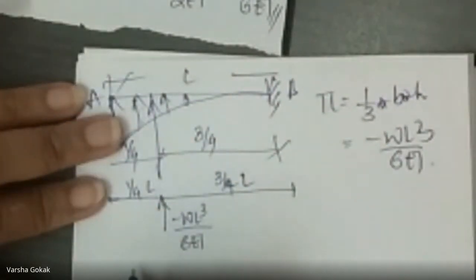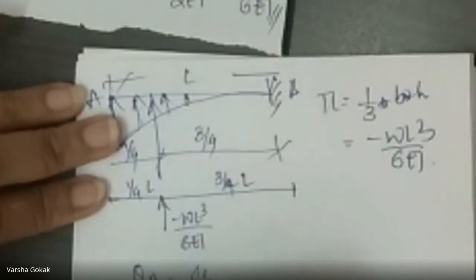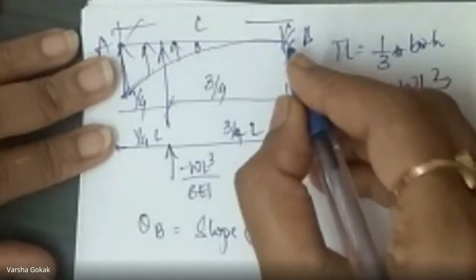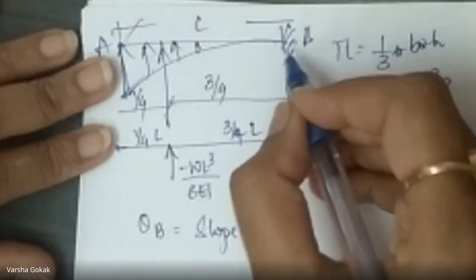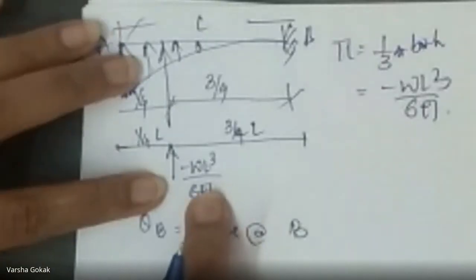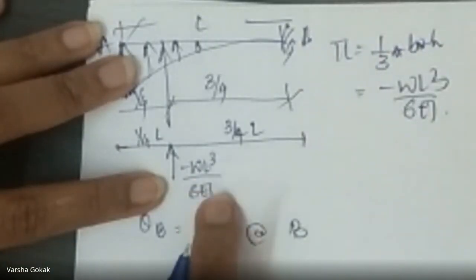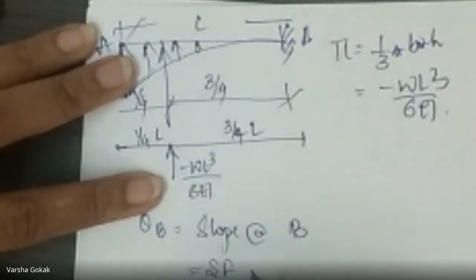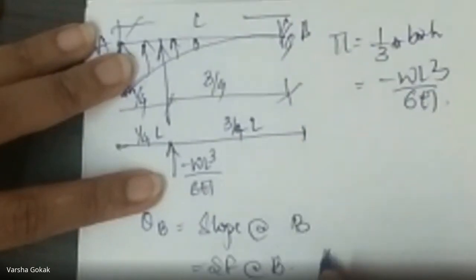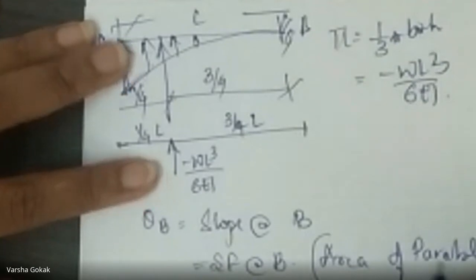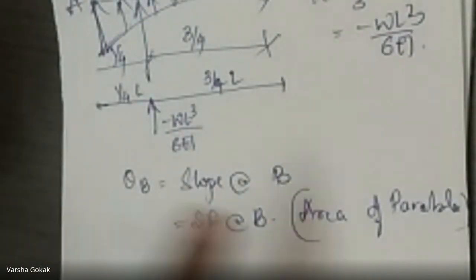Now we will write the theta equation. Theta B is equal to the slope at B. The slope at B is nothing but the shear force at this point. When I write the shear force, here nothing is there, this will be there. What is the value of this? That is the area of the parabola. So the slope at B is nothing but the shear force at point B, which is the area of the parabola, in this case because it is a UVL or a UDL.